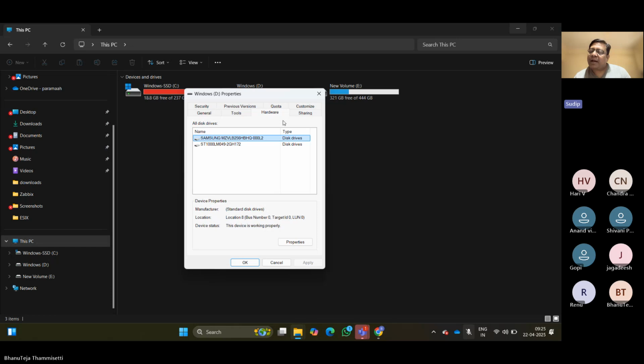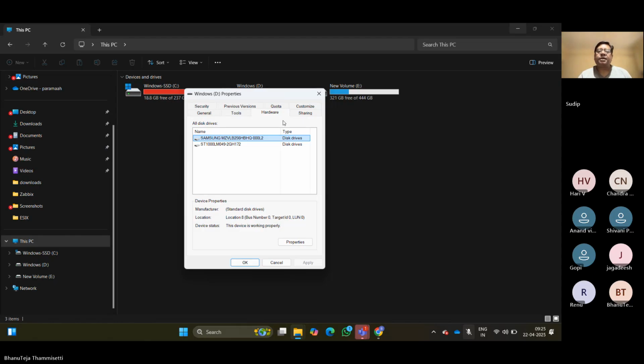Anand says I'm having REFS type of file system on one of my drives. We'll come there. What is REFS? We'll come there. Let us first finish NTFS because this is the most common file system that you're going to see across Windows servers in customer environments also. So let us understand this properly and then we'll get into the other kinds of file systems.